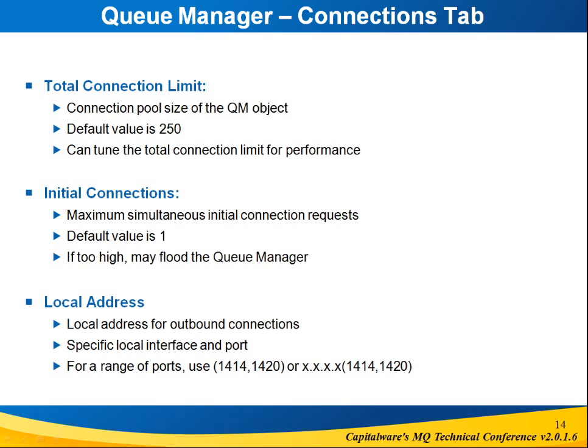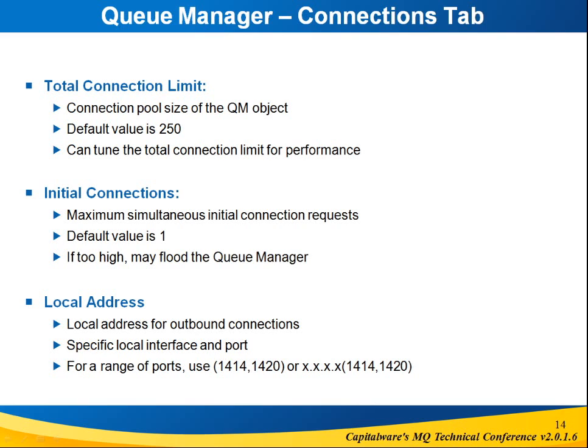Similarly, initial connections simply says that when the DataPower system starts up and establishes initial connections, it's going to try and establish the maximum number of connections that it possibly can according to the total connection limit, and it's going to build up a pool of connections that can be easily used by the various threads and the various instances of the front-side handlers that are running connected to that particular Queue Manager.